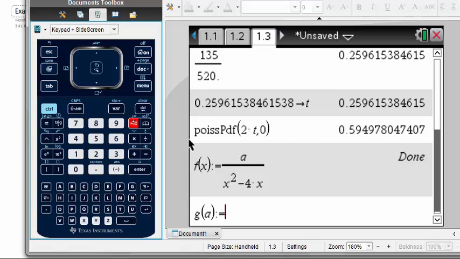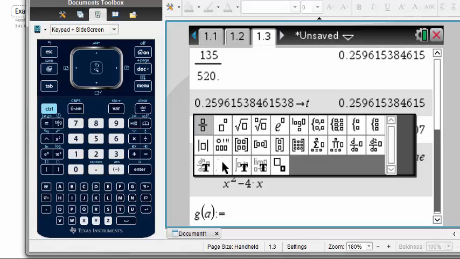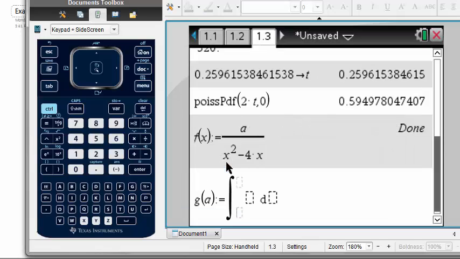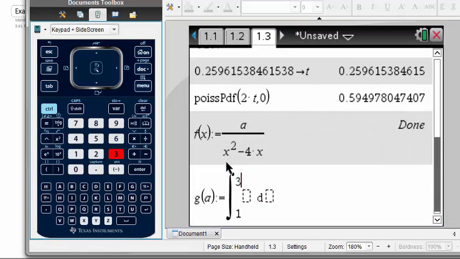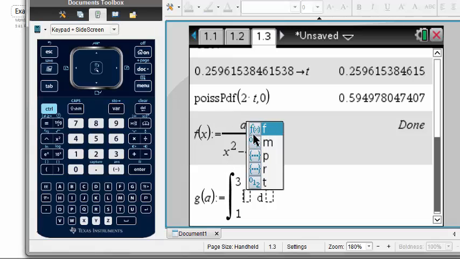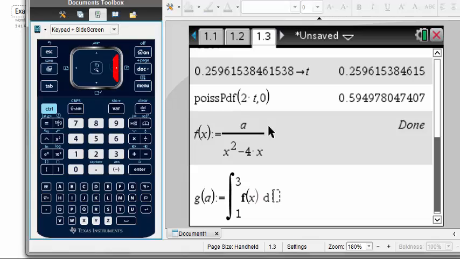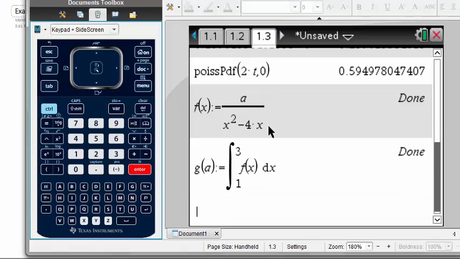I'm going to do the definite integral from 1 to 3 of f of x. I can get to f of x either by typing f of x or going into my variable menu and selecting f, parenthesis x, and I want to do this integration with respect to x, and I press enter, it says done. Remember, don't put an equal sign here. If you put an equal sign here, it will try and do stuff mathy related instead of defining these functions.